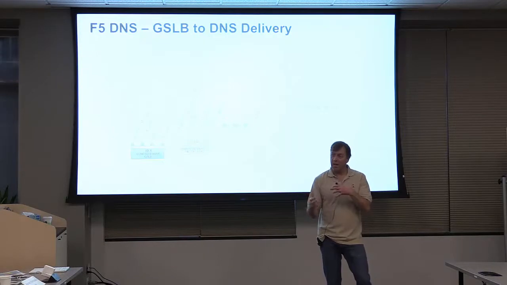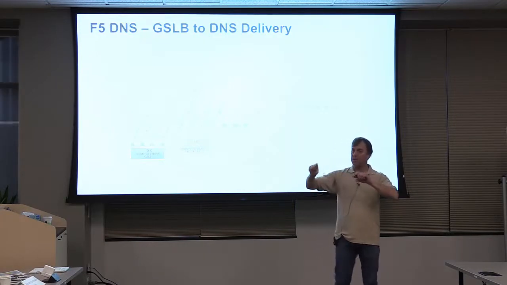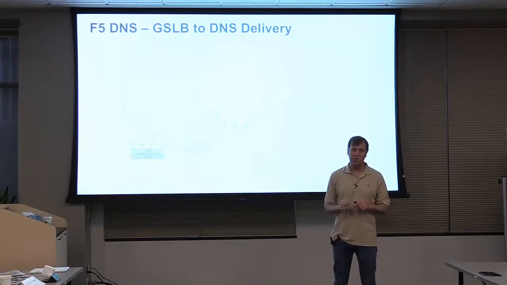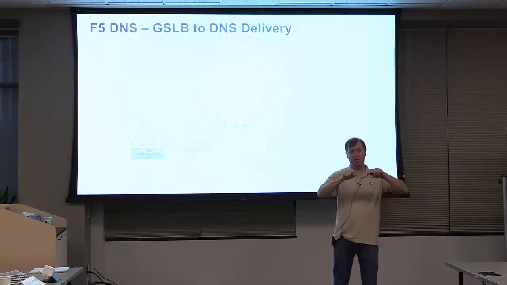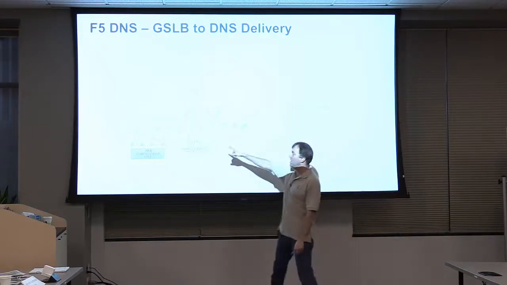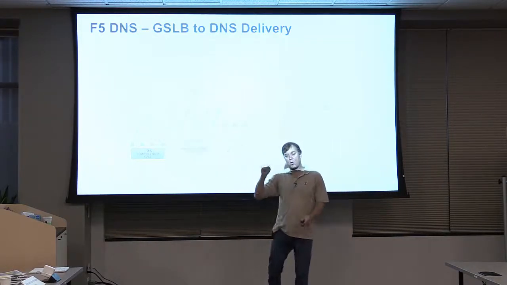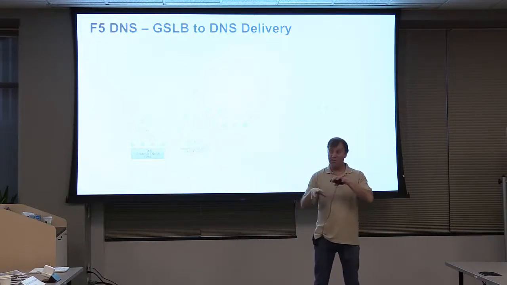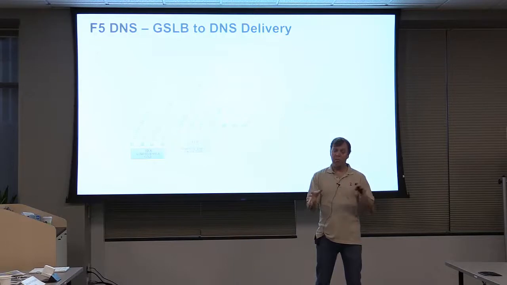And that's implemented in TMM. We have an instance of TMM, the traffic management microkernel, on each of the cores or each of the CPUs, and we can scale very well because we just distribute the traffic across those. One of the things that happened was when we did this DNS Express feature, we took some of the code out of what's called the GTM daemon, GTMD, and we moved it into TMM.